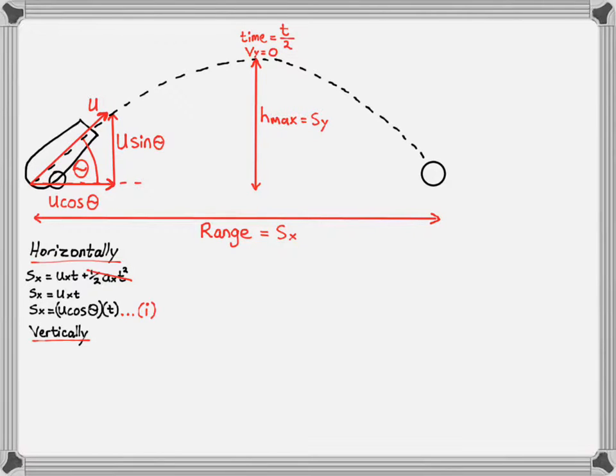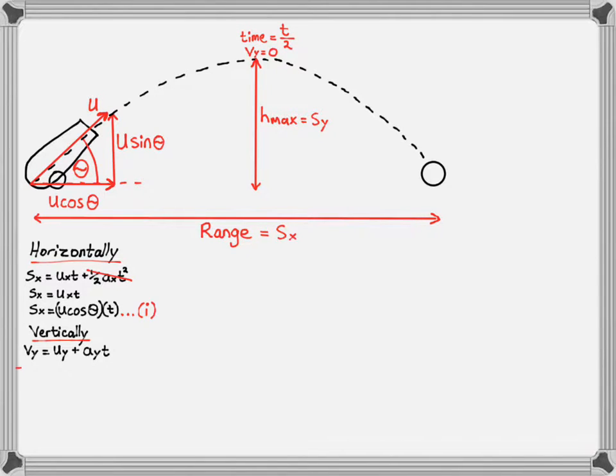And we know that at this point, at a time t over 2, we have a vertical velocity of 0 meters per second, because at a maximum height, the vertical velocity is 0. So we're going to use the equation v is equal to u plus at in the vertical plane.